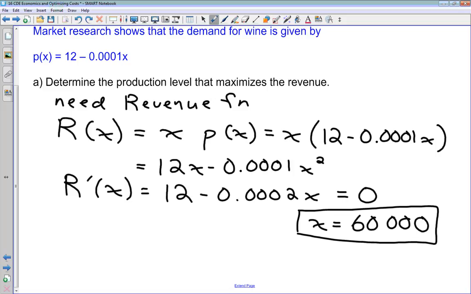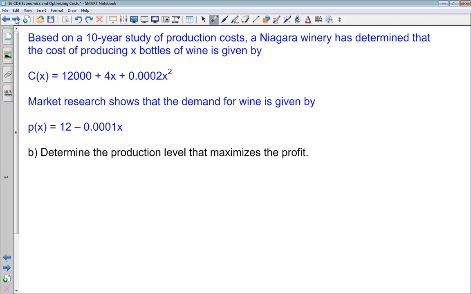Okay. So let's take a look at part B here. We want to determine the production level that maximizes the profit. So if we're going to maximize our profit, what function do we need here? We are going to need our profit function.